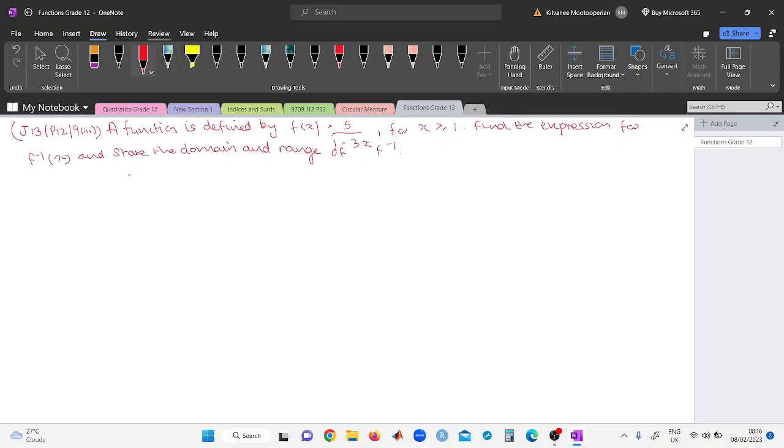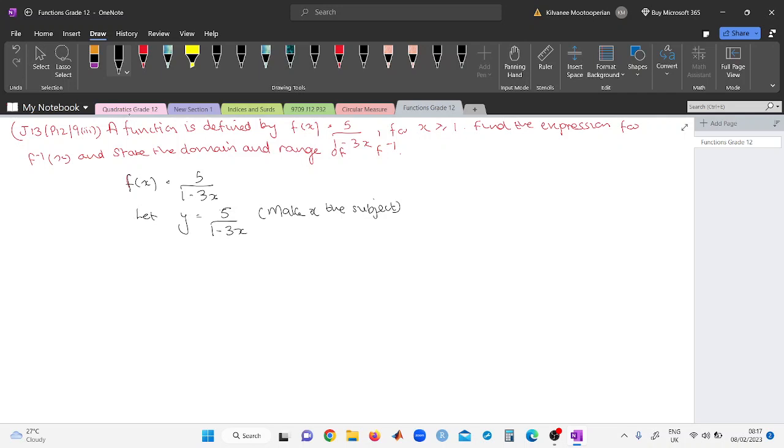So firstly, I have my f of x, which is equal to 5 over 1 minus 3x. I have to let y be equal to that function. Okay? Now I have to make x the subject of the formula. So how will I proceed?